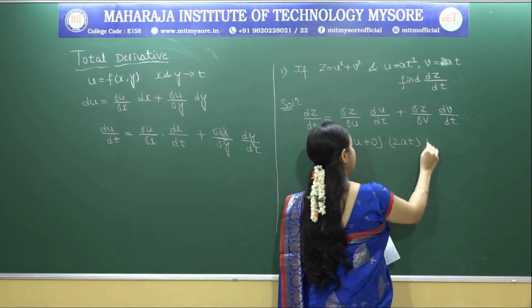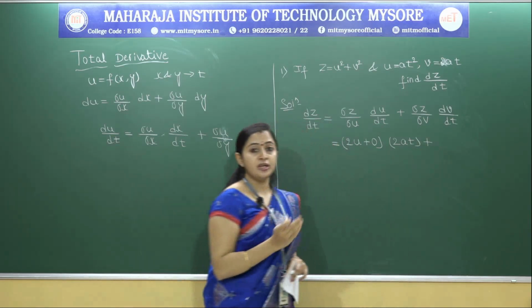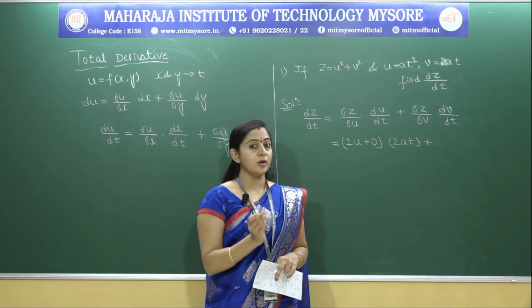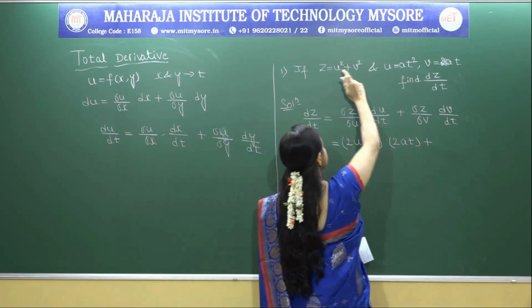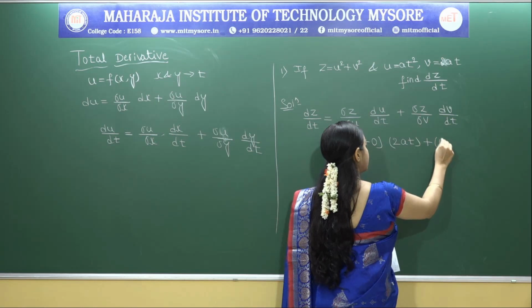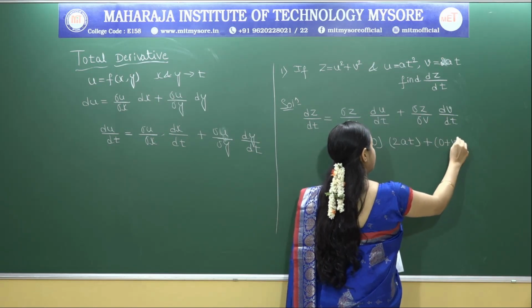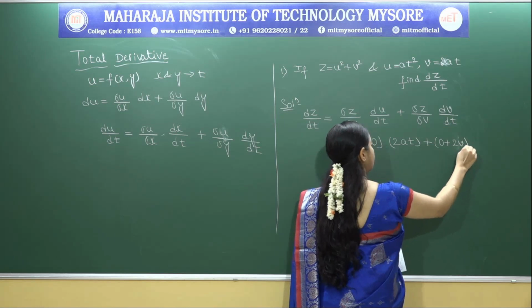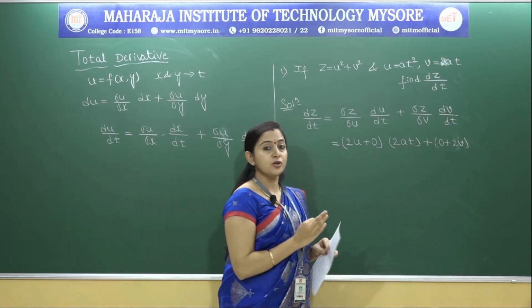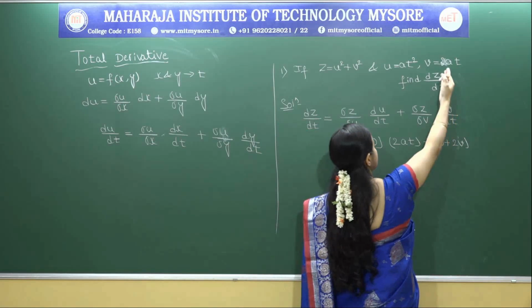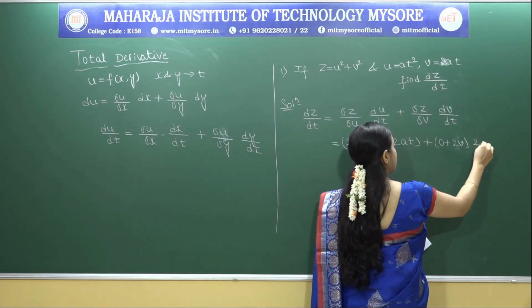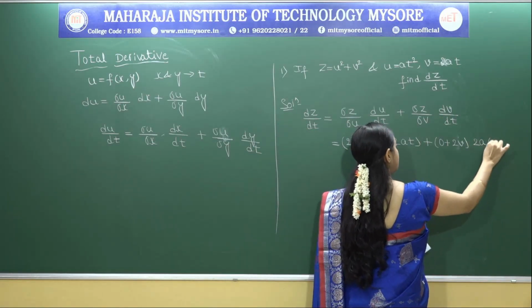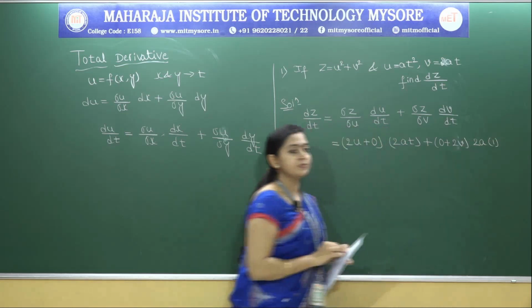Plus the second part, z with respect to v, where you keep the u term constant. So u square differentiation is 0, plus v square differentiation is 2v. Then v with respect to t is the usual differentiation: 2a into the differentiation of t, which is 1.